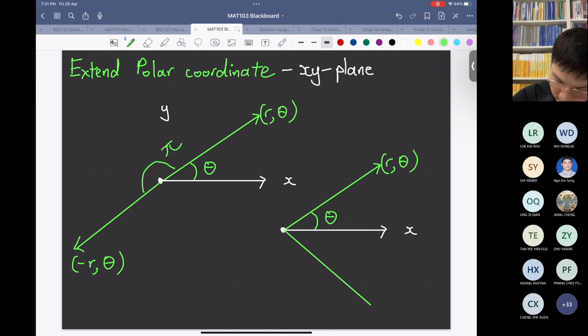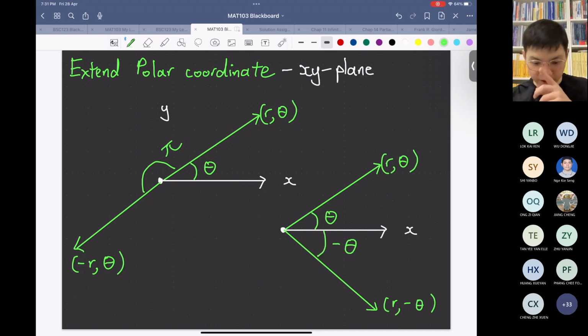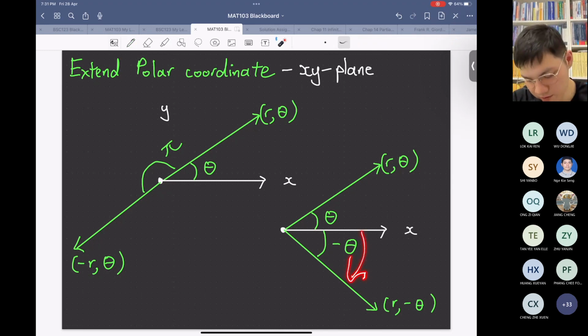Go here. R, minus theta. Okay, so here is minus theta. If you take minus theta, it goes clockwise. Theta goes anti-clockwise. Both of them start from the positive x-axis. So you must remember that we start from the positive x-axis.